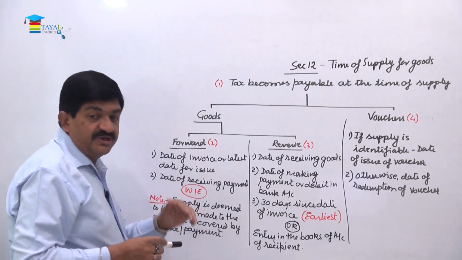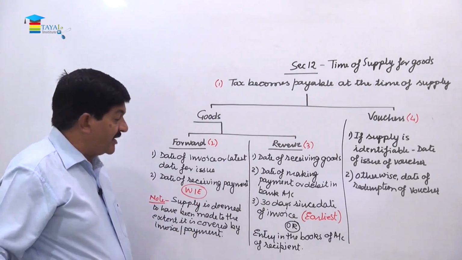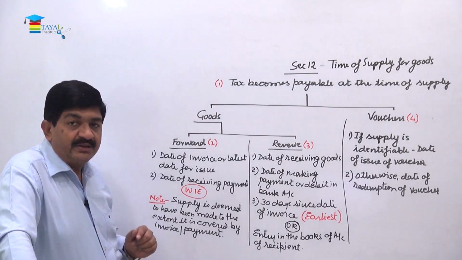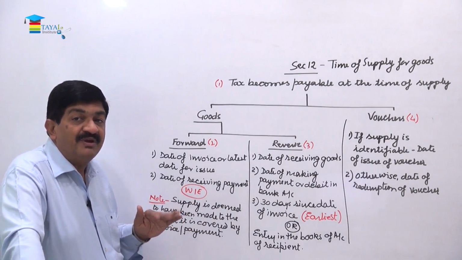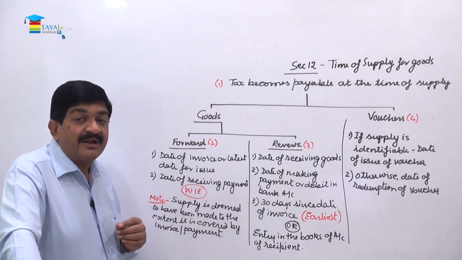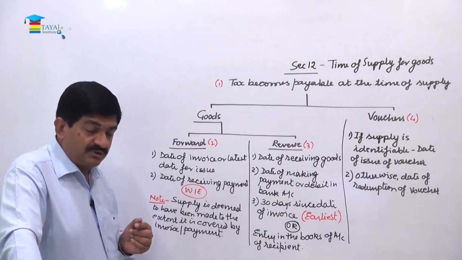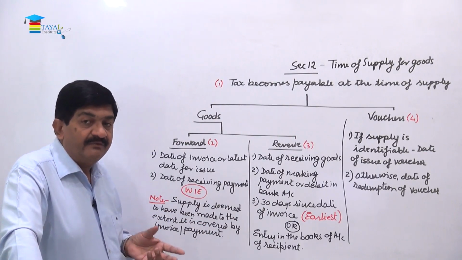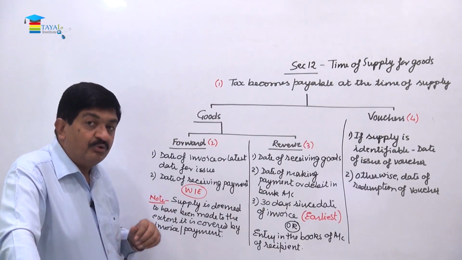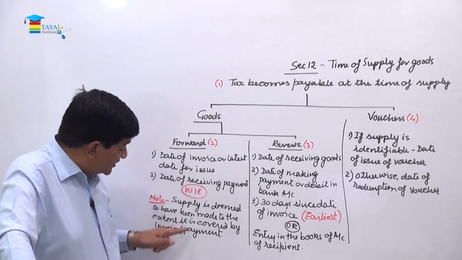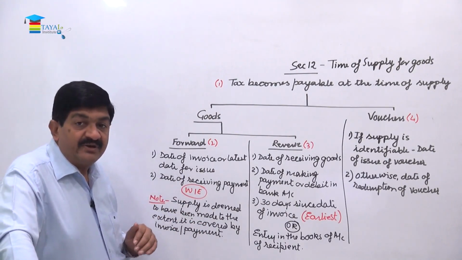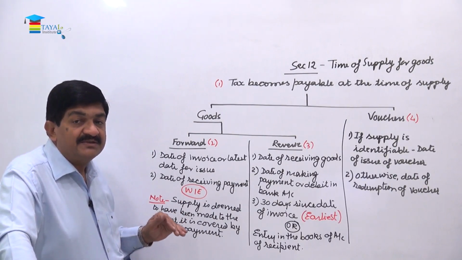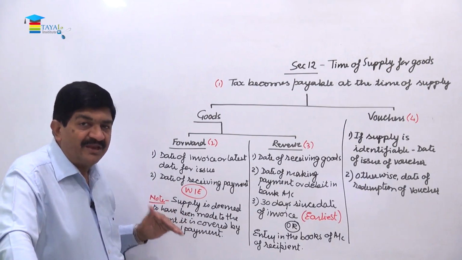Now this note is very important. There may be a situation where the invoice is issued, payment is received and supply is to be made later. Actual supply has not been done. So in that situation, you can ask a question, when the actual supply has not been made, how come the tax becomes payable? So this note is an answer to that, that to the extent it is covered by invoice or payment, the supply is deemed to have been made, right?